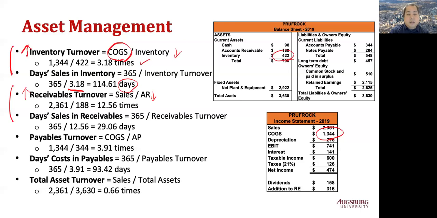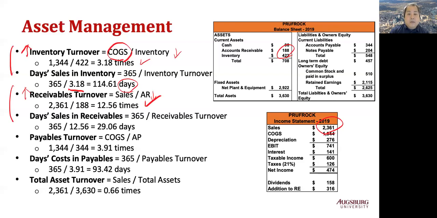So for this case, the sales is 2,361. And then account receivable is 188. 12.56 times.